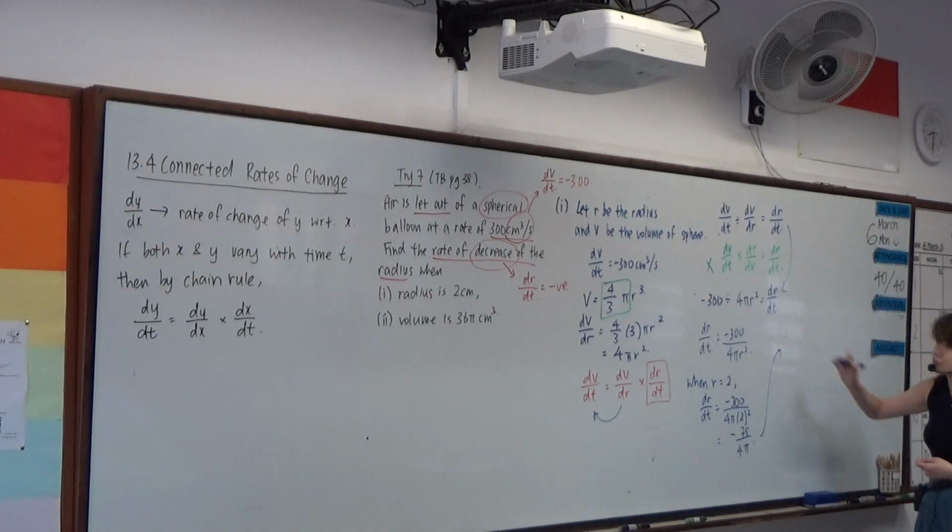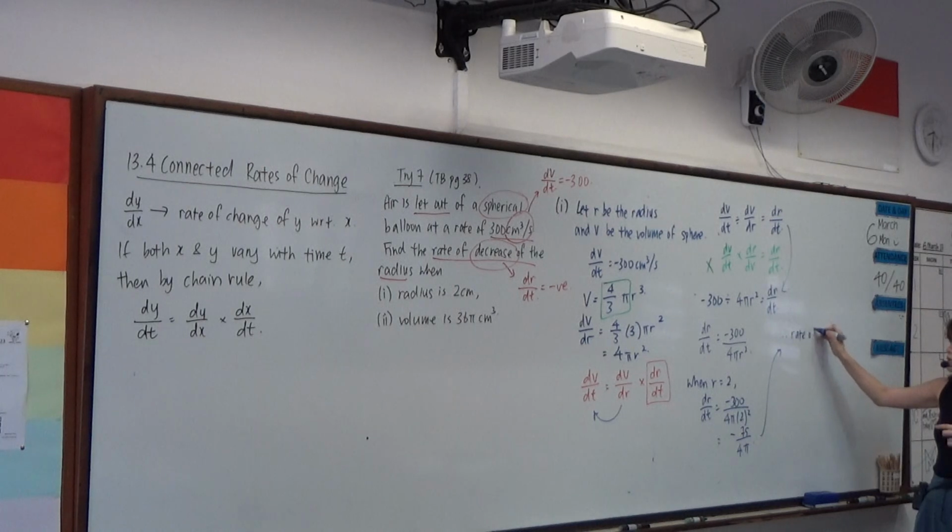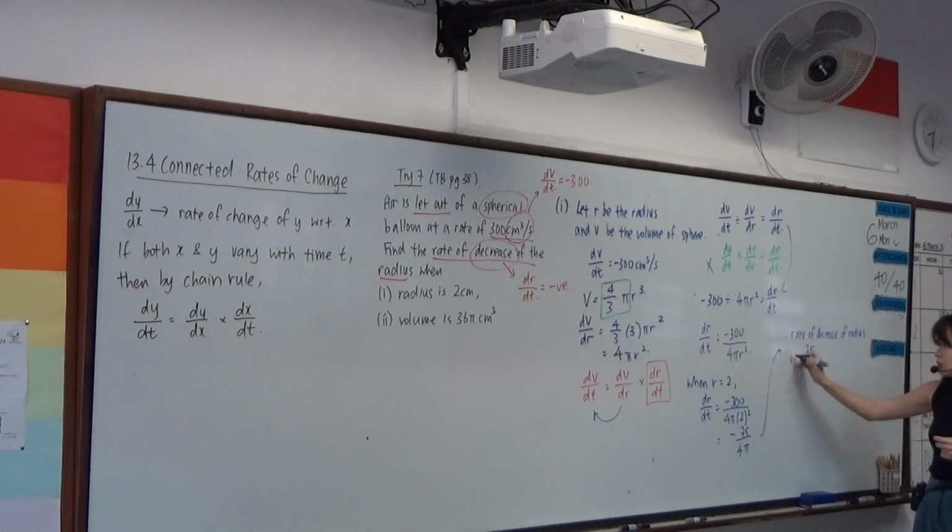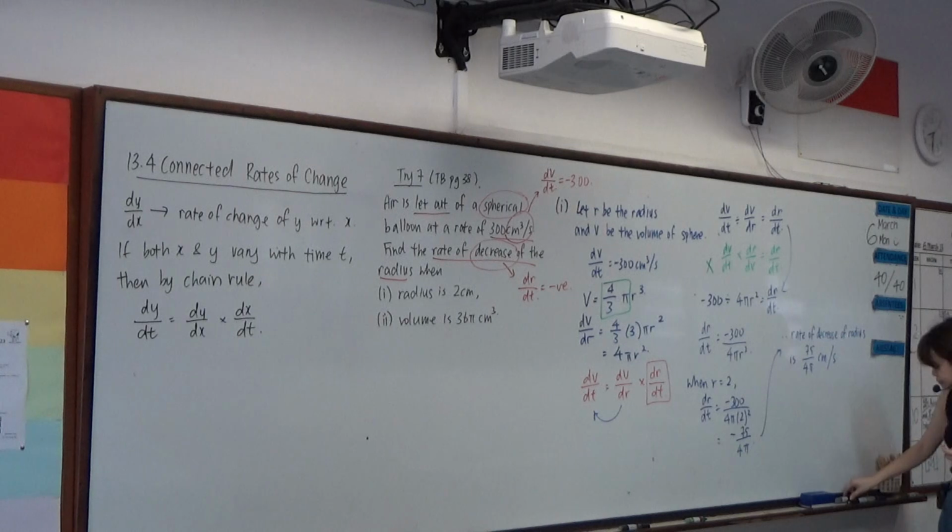Then, to answer the question's rate of decrease, the rate of decrease of radius is 75 over 4 pi cm per second.